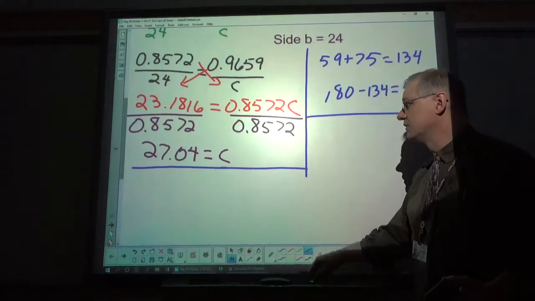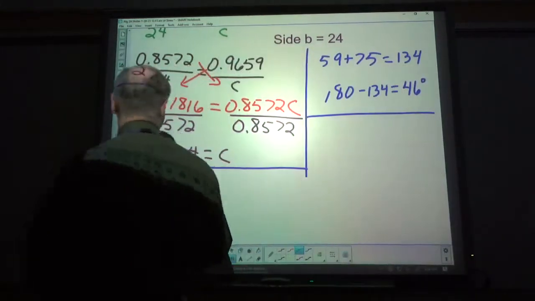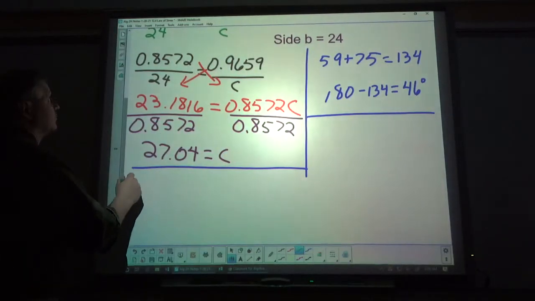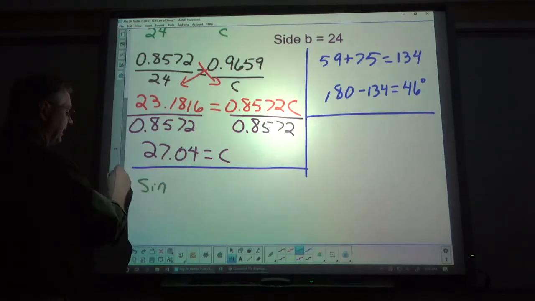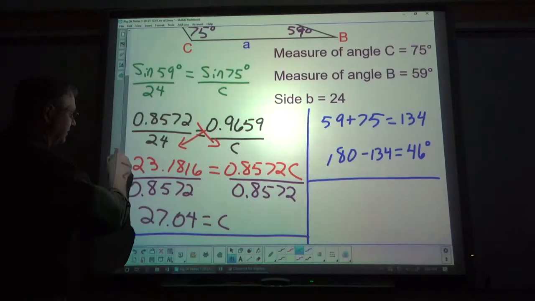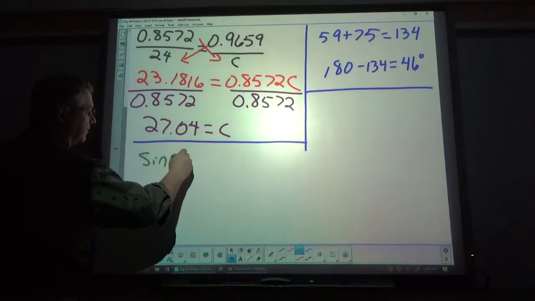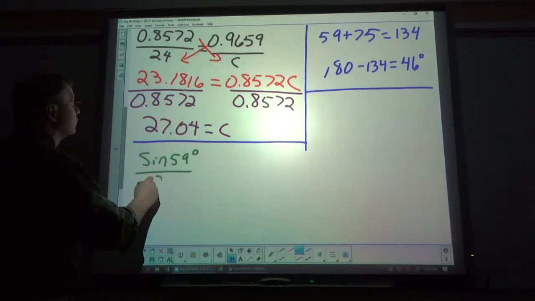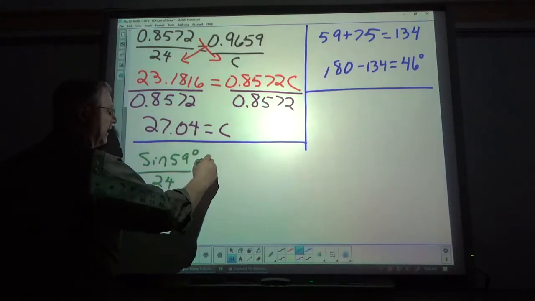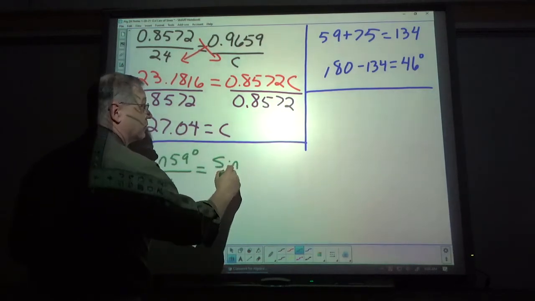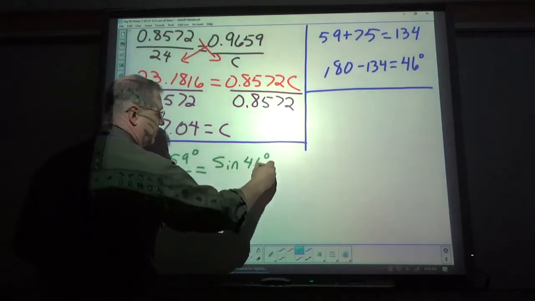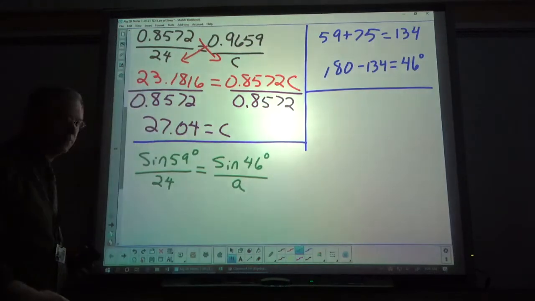So if I'm going to solve again for side A, I'm going to use angle B, 59 degrees, and side B, 24. Angle A was 46 degrees, and side A is the unknown.